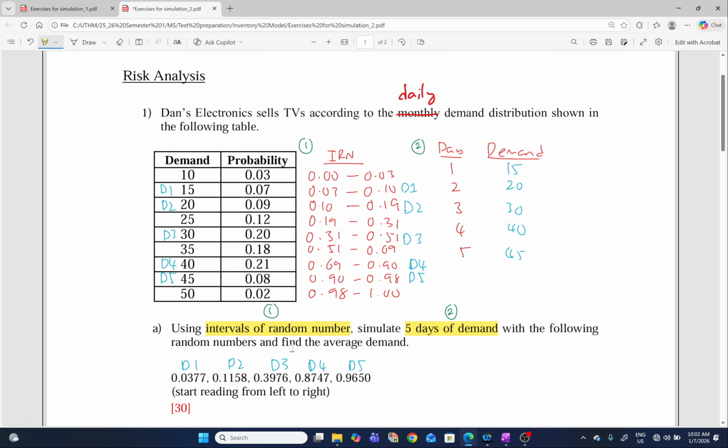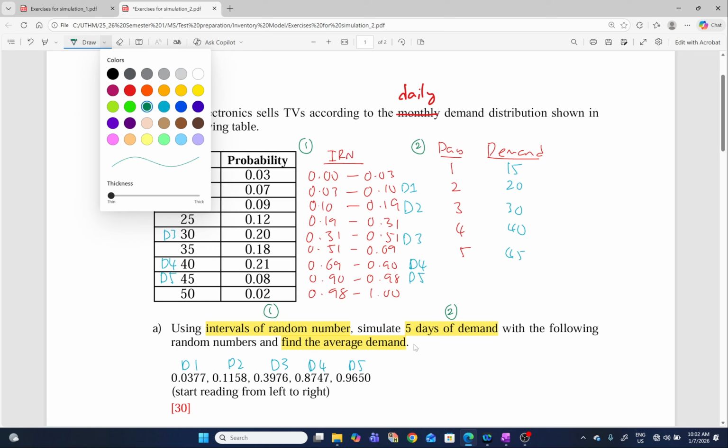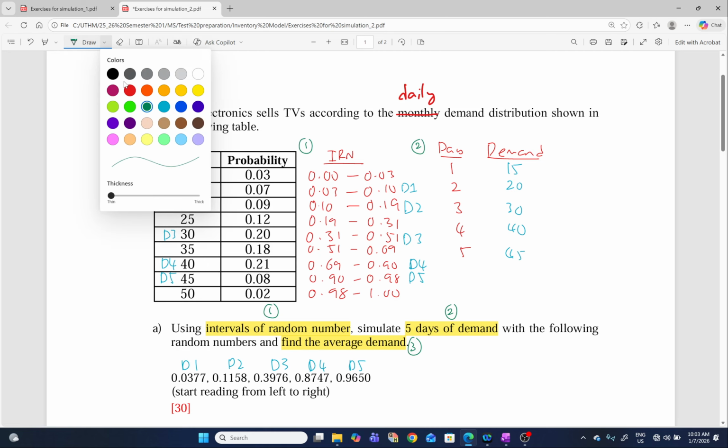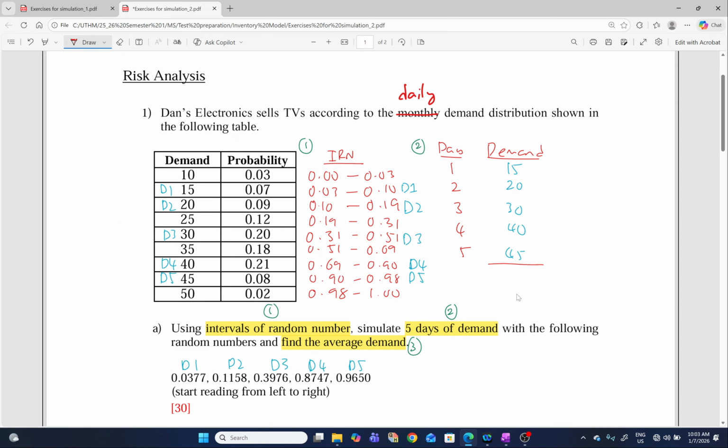Now we are moving to number 3. With the following random numbers, find the average demand. Average demand is, you add these, you will get 150.